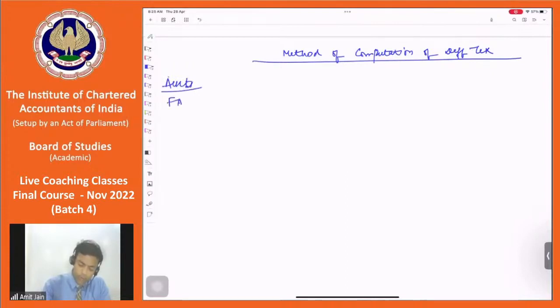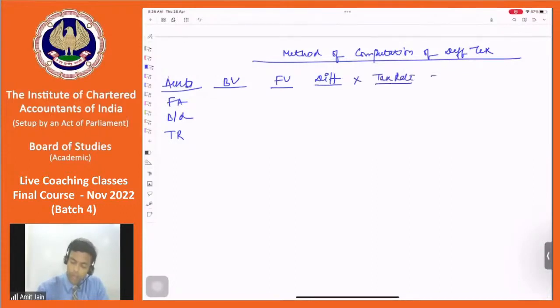Here assets like fixed assets, building, trade receivable, etc. This is book value, this is fair value, this is the difference. Then we will multiply by the tax rate. We will get deferred tax.